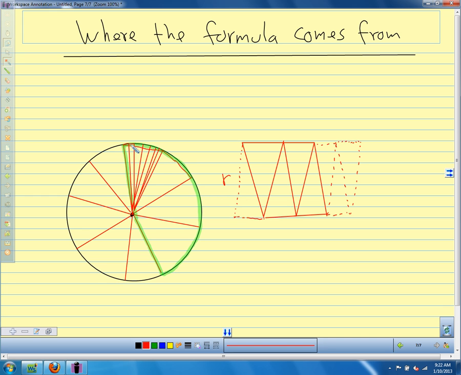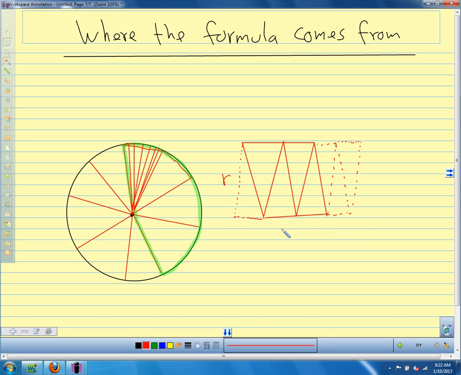And all of these pieces around the outside, the flat pieces of the triangles, would add up to the circumference of the circle. Well, I have half the flat pieces up here and half the flat pieces down here.